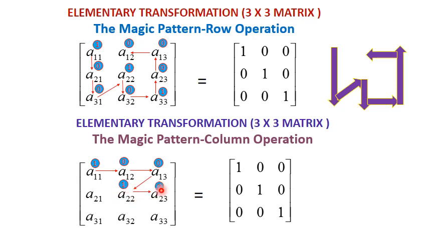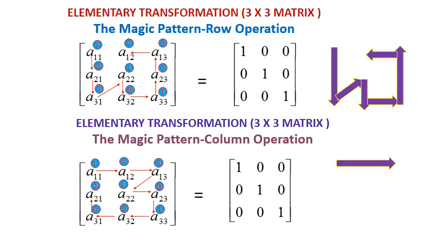Next you have to come to A23 and make that element 0. Then you have to come down to A33, make that element 1, and move down to A32 and change that element to 0. Then go to A31 and make that element 0. Then go to A21 and make that element 0.